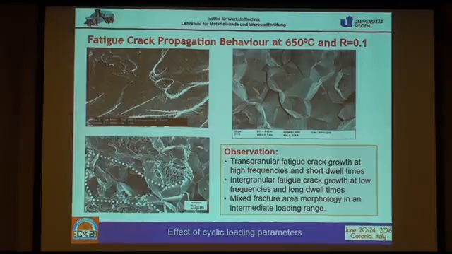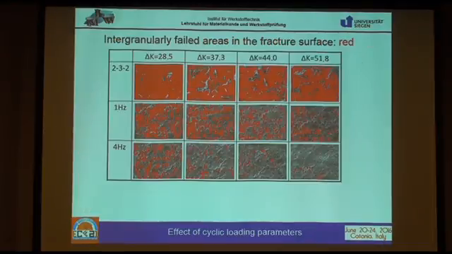Well, we studied this effect a little closer, and you see here an evaluation of all these fracture areas we found. You see here the intergranularly failed area dyed red in order to make the difference quite clear. And you see that with decreasing delta K values and with increasing time per cycle, of course, the intergranularly failed area increases.